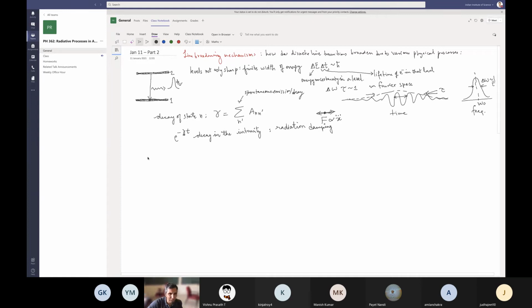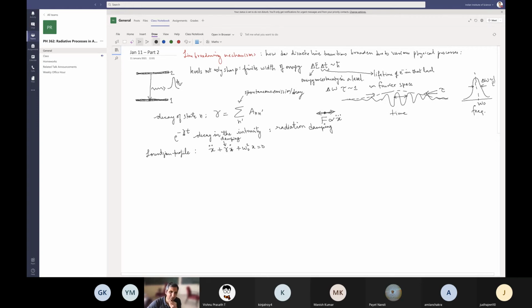It gives rise to a Lorentzian profile, which we actually derived. We had this oscillator equation: x double dot plus gamma x dot plus omega naught squared x equals 0, and this was due to the damping term, the radiation reaction force.